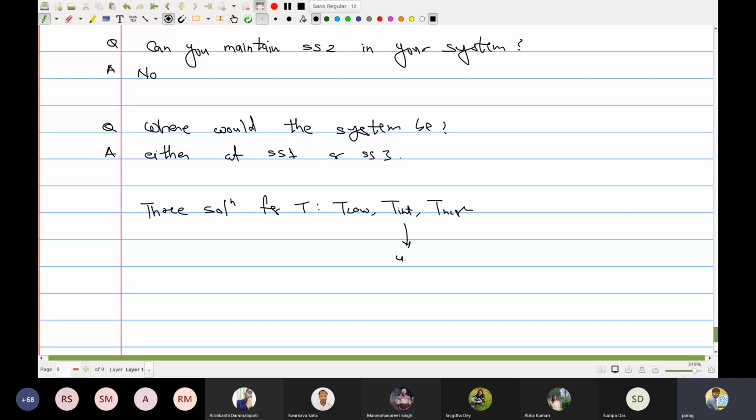T intermediate is unstable, T lower is stable, and T higher is also stable, right? So you wrote all nice equations for your reactor design, your reactor model. None of them would actually work if you do not know this dynamics. You will have three solutions. The intermediate temperatures will never be attained, because even if you have small fluctuations, your system will settle to higher temperature or lower temperature.